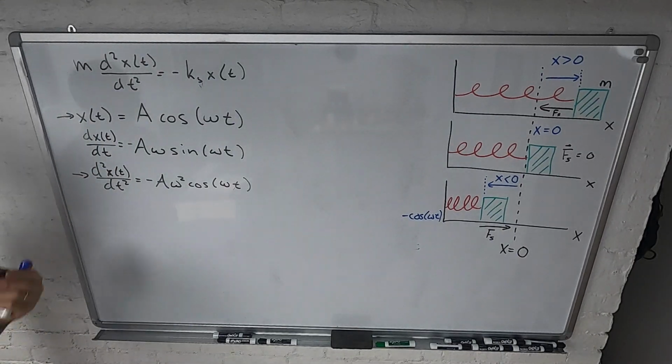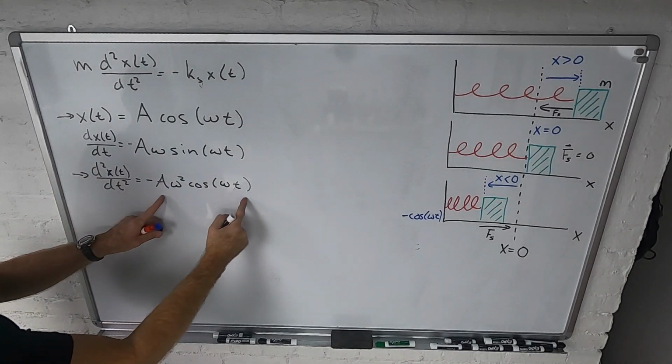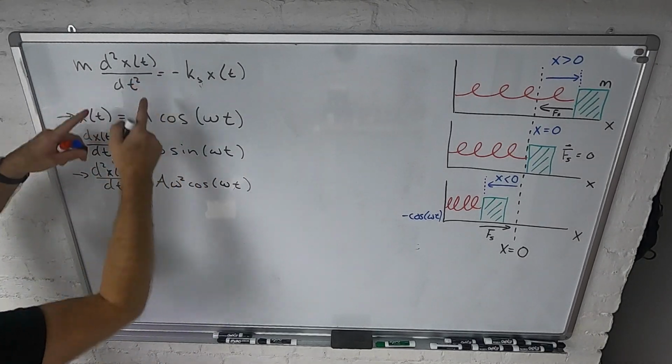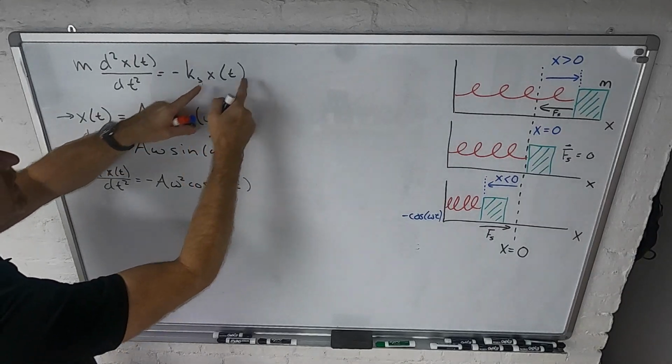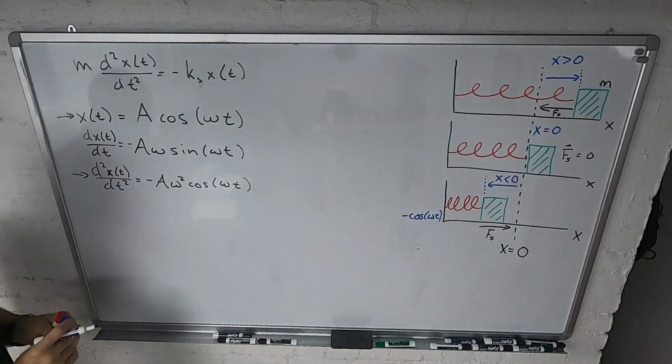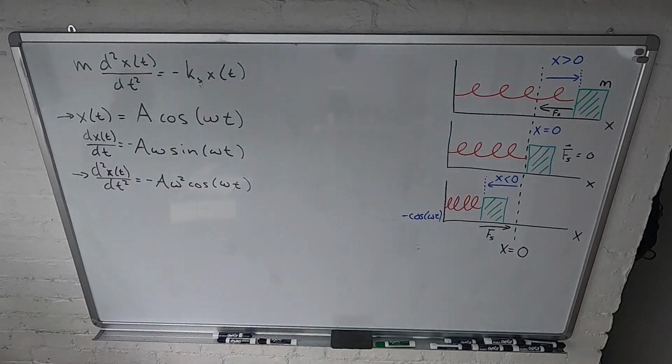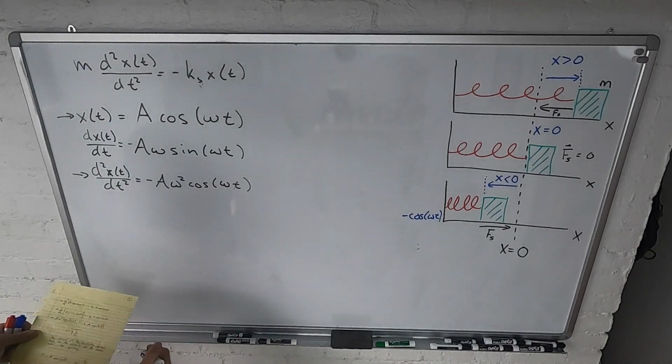So here's our position, and here's our second derivative of the position. So now let's plug it all into our equation. We literally take this and chuck it in here, and we literally take this and we chuck it in here. So we get the following. Okay, here we go.